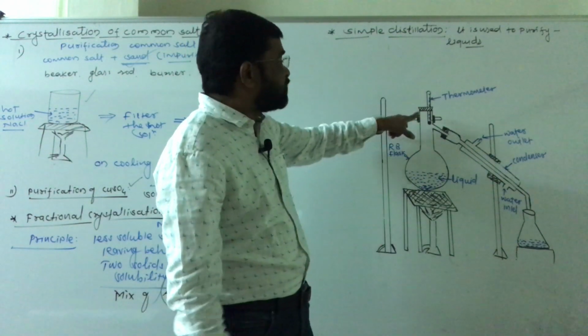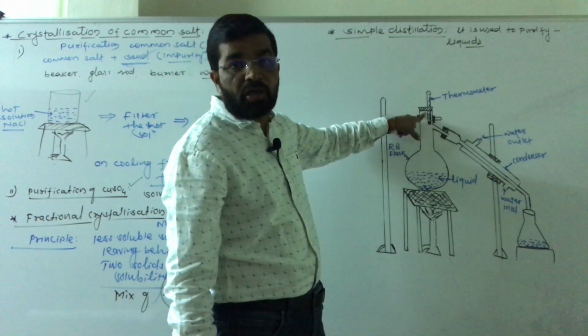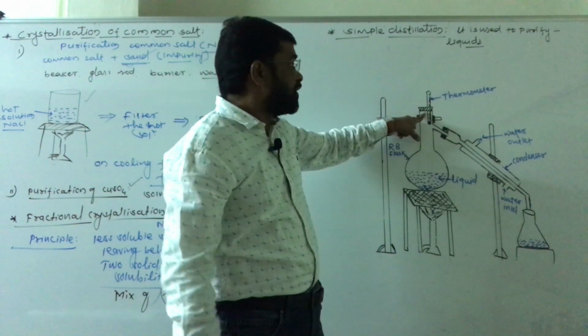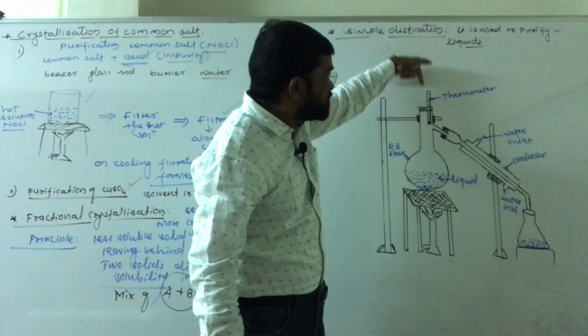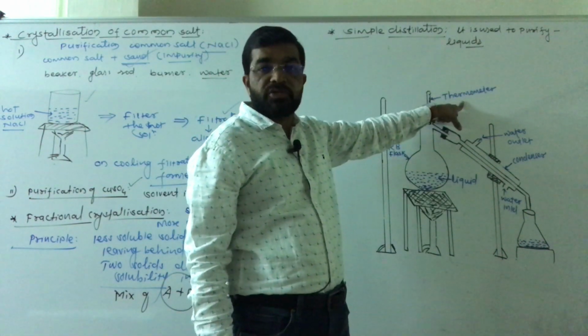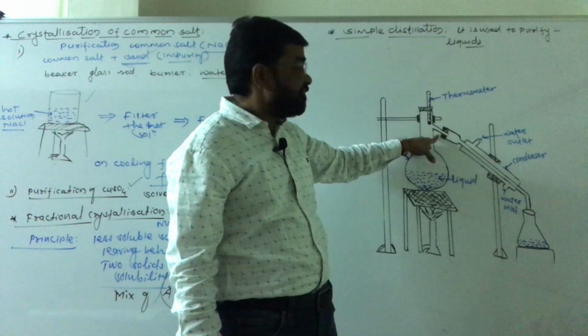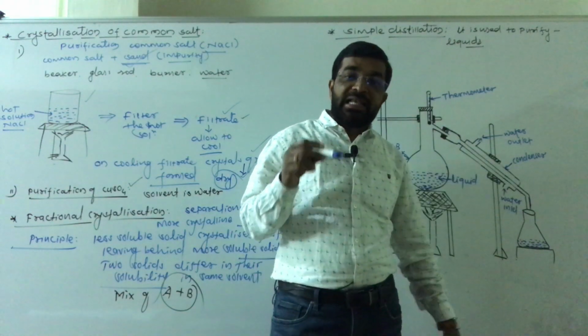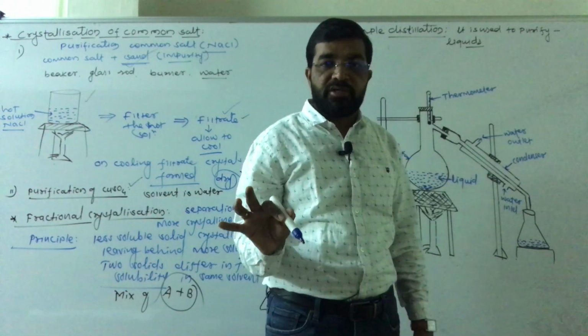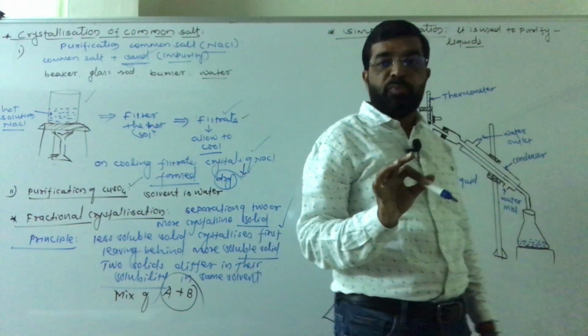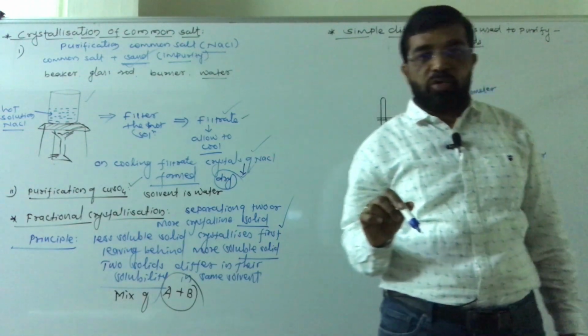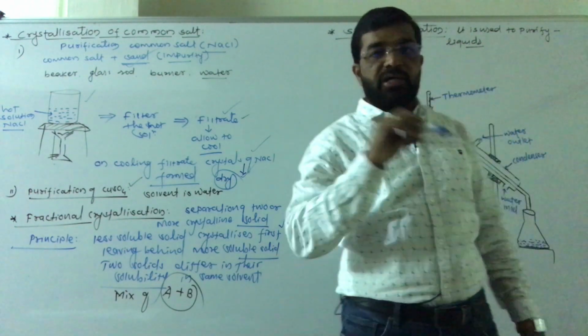Okay, after that it is fitted with rubber cork. Fit the rubber cork to the round bottom flask, in which one thermometer is placed. Thermometer is fitted. The side tube of the round bottom flask is connected to Liebig's water condenser, as it is manufactured by Liebig. Therefore, it is Liebig's water condenser.